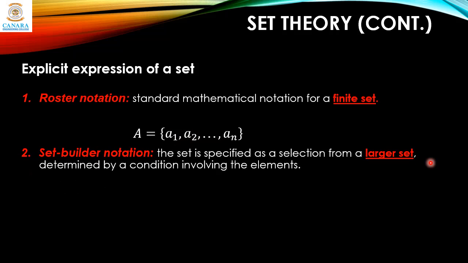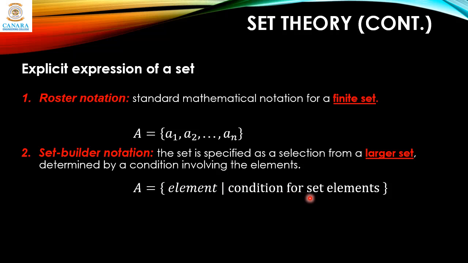In the second notation, called set builder notation, the set is specified as a selection from a larger set determined by a condition involving the elements. So it looks like this: A is equal to an element followed by the condition for the set elements. An example is C = {w | w = -d, for d belonging to set D}. This is how we write the set builder notation, and we will be using this notation more in this topic.